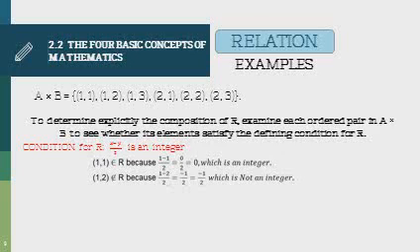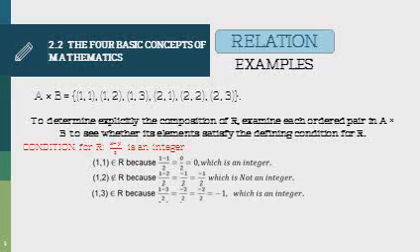(1,2) is not an element of R because pag sinubstitute natin yung 1 minus 2 over 2, that will be negative 1 over 2, and that is negative 1 half. A fraction or a negative fraction, kahit pa may negative, pag yan ay fraction, hindi na siya considered as integer. Okay?